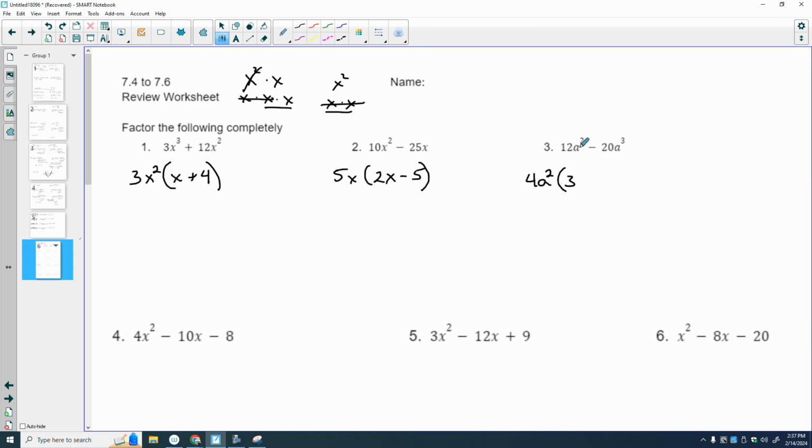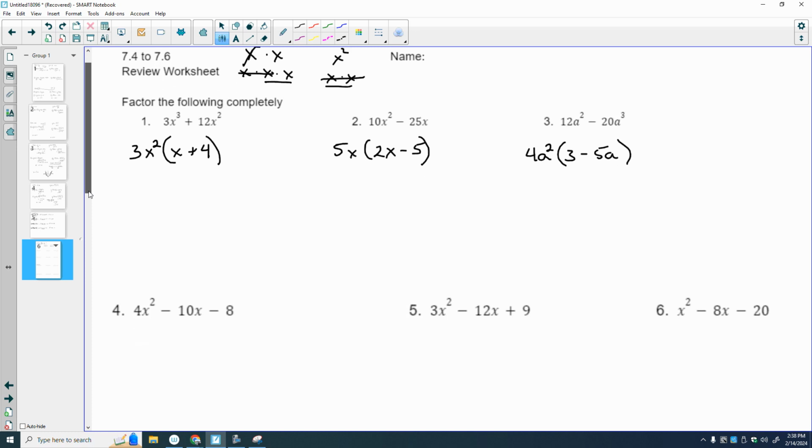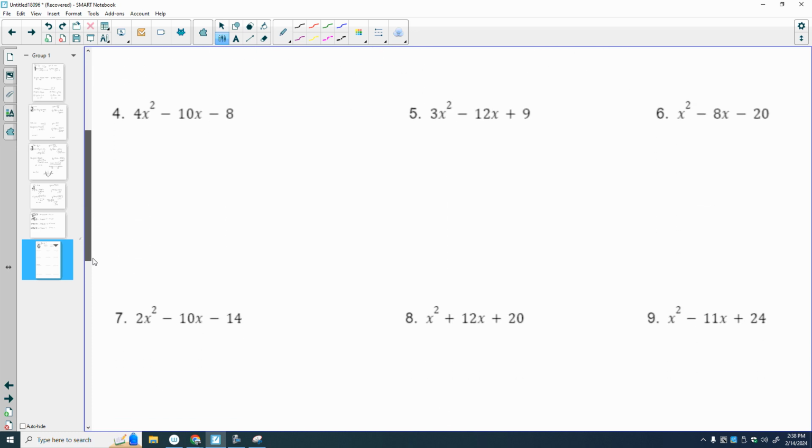Or I had a squared, I took it out, so there's nothing left inside. 20 divided by 4 is 5. 3 a's, I took 2 away, there's 1 left inside. Distribute that out, you should get what we started with. Okay, I did pick up the pace a little bit at the end, but hopefully that's because we're getting better.